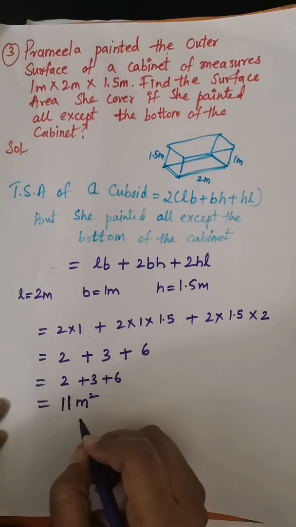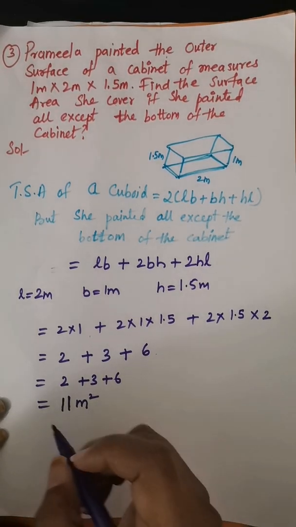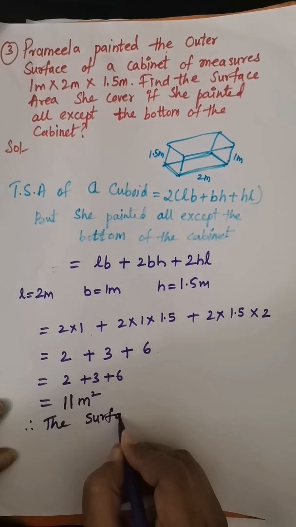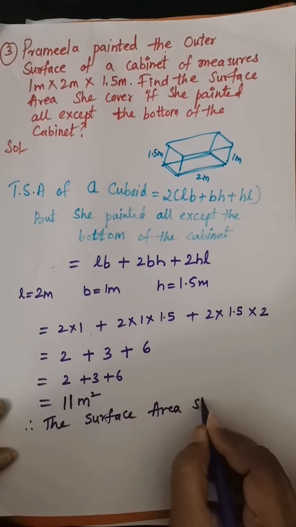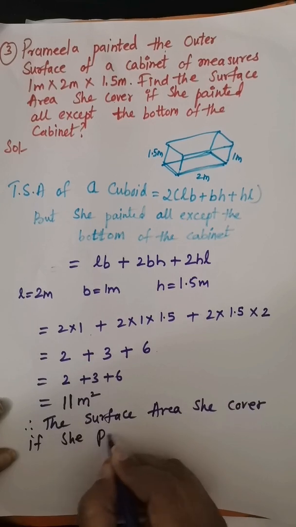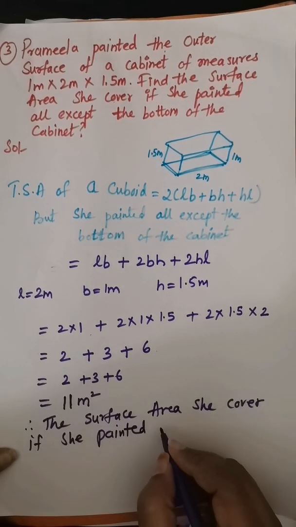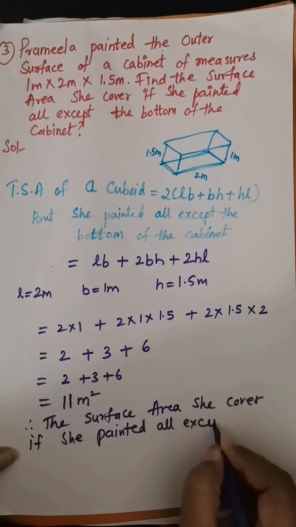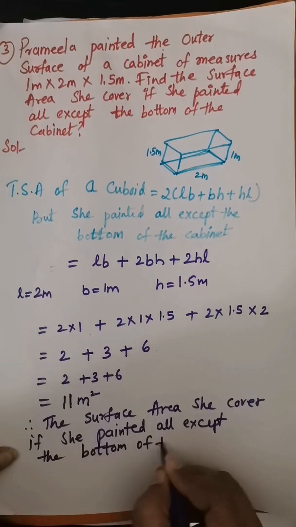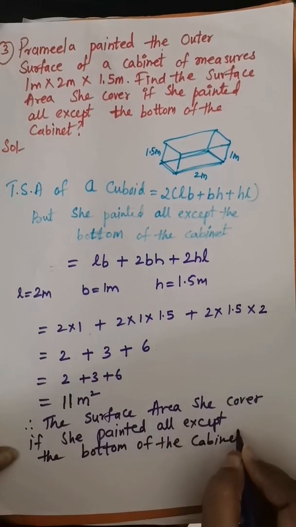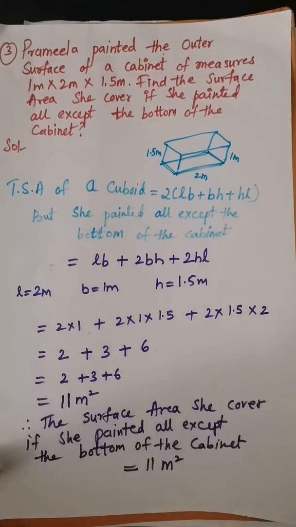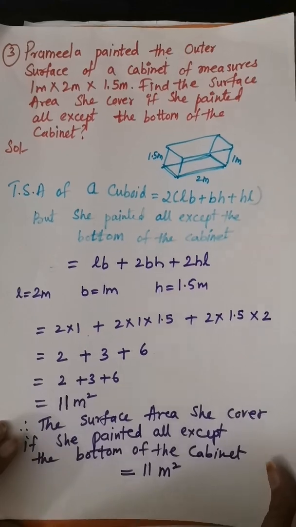Therefore the surface area she covered if she painted all except the bottom of the cabinet is equal to 11 meter square.